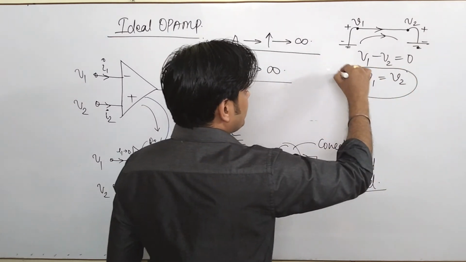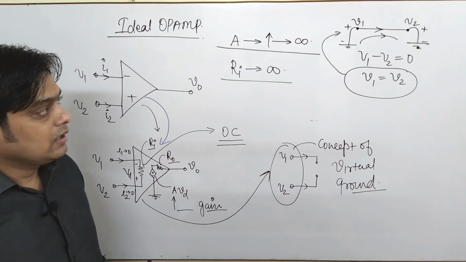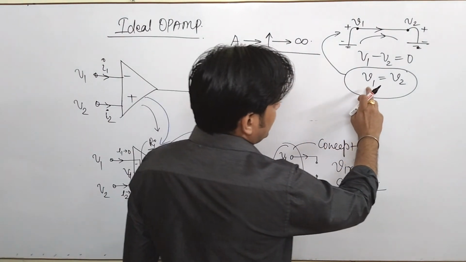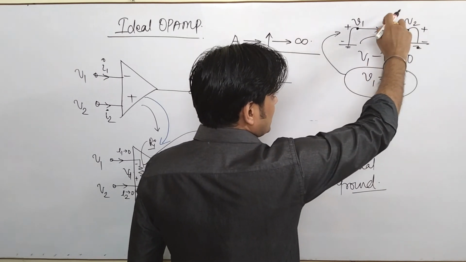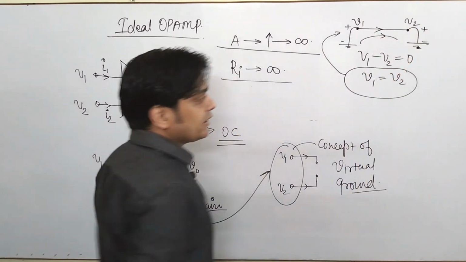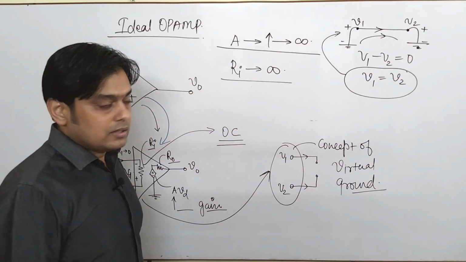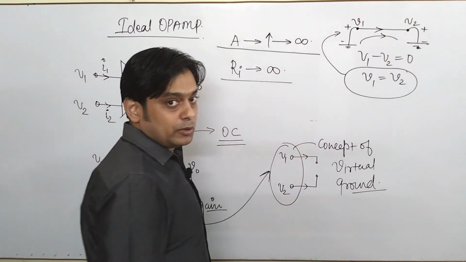Now you see here it is connected by some branch, but still the value of V1 and V2 is 0. That means there is no current, or you can say these two nodes are of common potential. The meaning of V1 equal to V2 is that the nodes are of common potential.